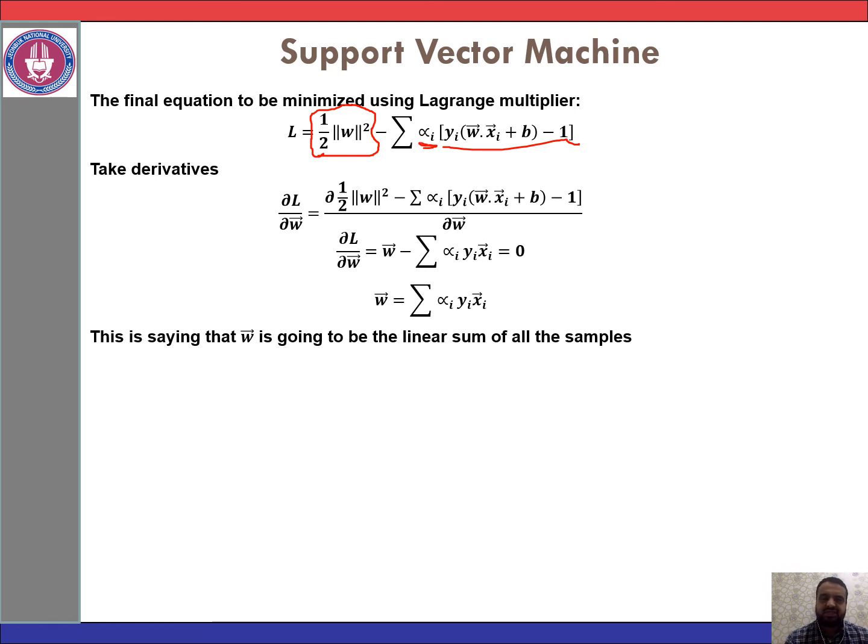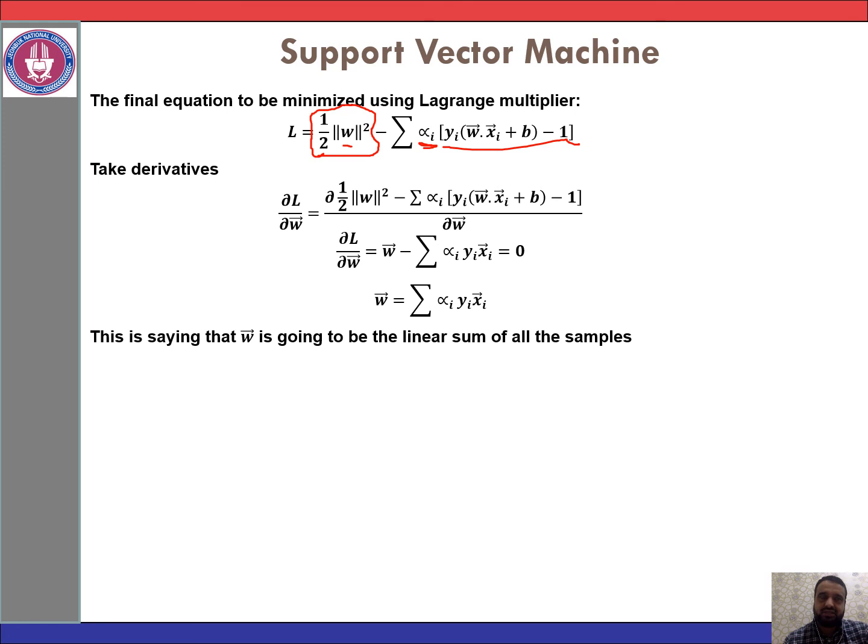In terms of the Lagrange multiplier, we will take the derivative of the objective function L with respect to the variable, or with respect to the parameters that we want to optimize. So here we are optimizing W. We will take the derivative of this objective with respect to W. After taking the derivative of L with respect to W, we will set it equal to 0, because the derivative at the peak is always equal to 0.